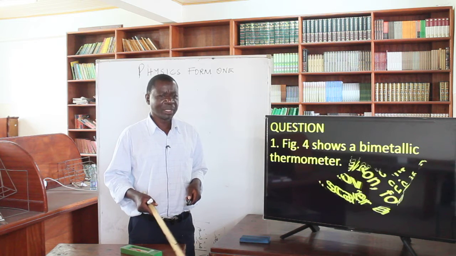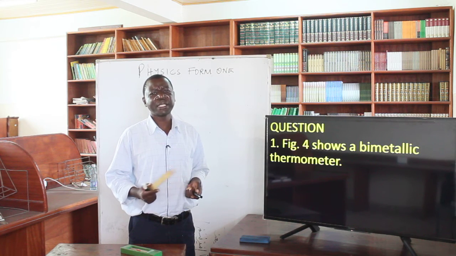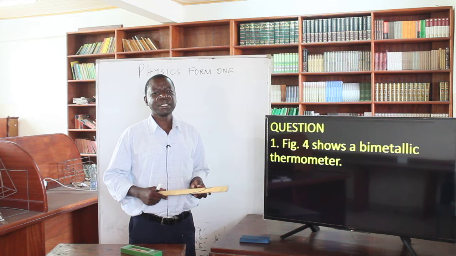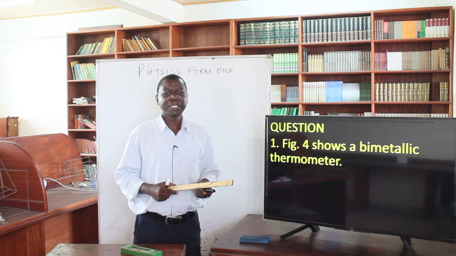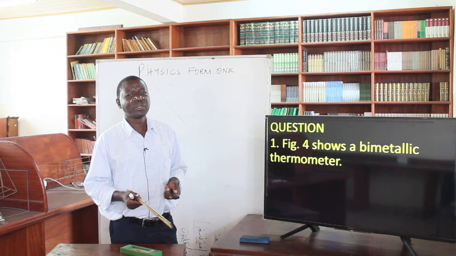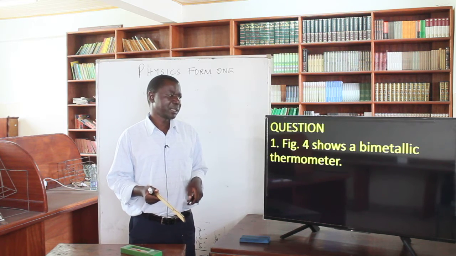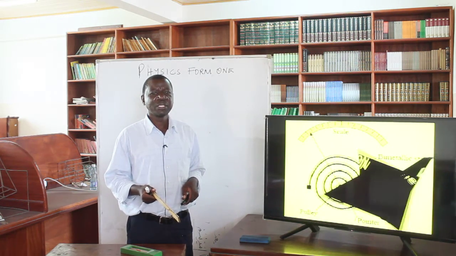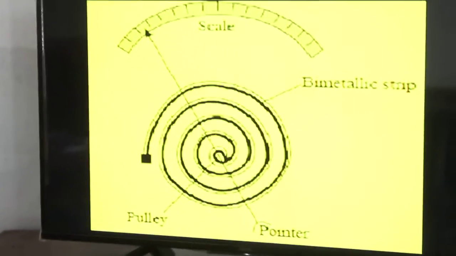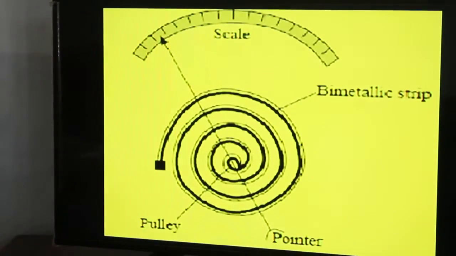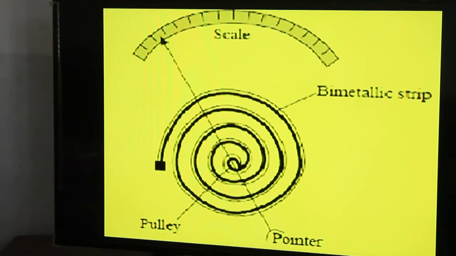Now, we have questions like these ones. These are the questions that we may meet. This is just an example I'm giving. Figure 4 shows a bimetallic thermometer. It has a pointer, a scale, and also a pulley and a spring.